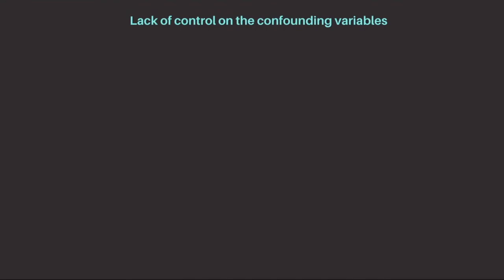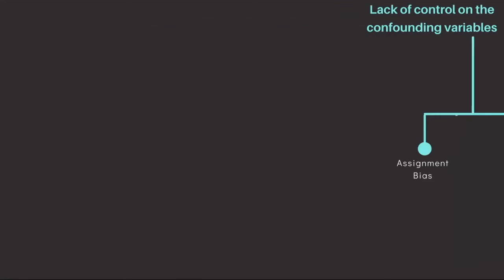Now, there are two specific types of issues that can be difficult to control in this design, which can in turn lead to the introduction of confounds. The first type is called the assignment bias, and the second type is referred to as the individual variability. Let's look at each of these aspects a little more in detail.